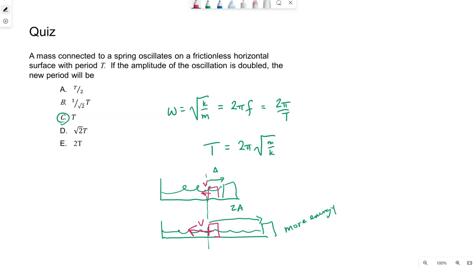But they go through their entire oscillation in the same amount of time, which is maybe a little confusing. So the period means they complete an oscillation in the same amount of time. On average, this bottom one is just going faster over that time period than the top one. So it has a higher maximum speed, which allows it to travel faster overall. But the period ends up being the same.